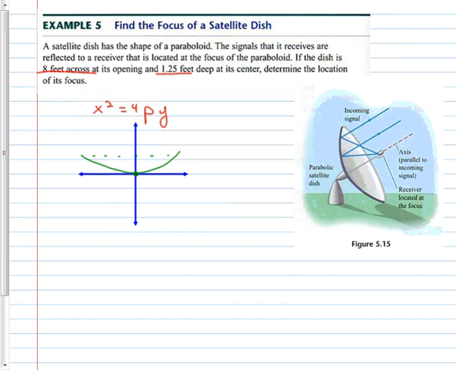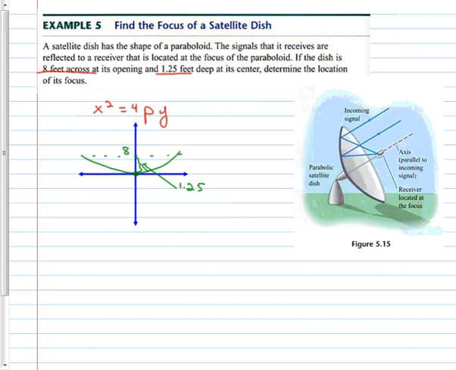The depth of this, they said, if I measured across, was 1.25. Now they did not say that the focus was right at that depth. They just said that's where the paraboloid stopped, at that depth. And all the way across was 8 feet.